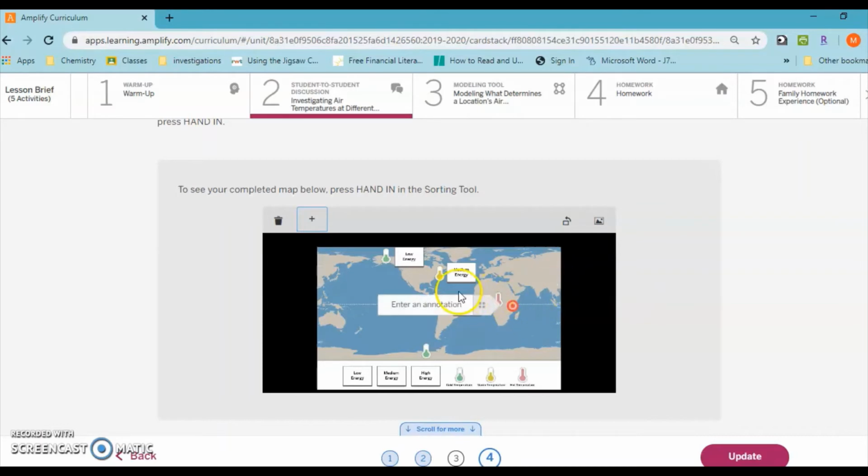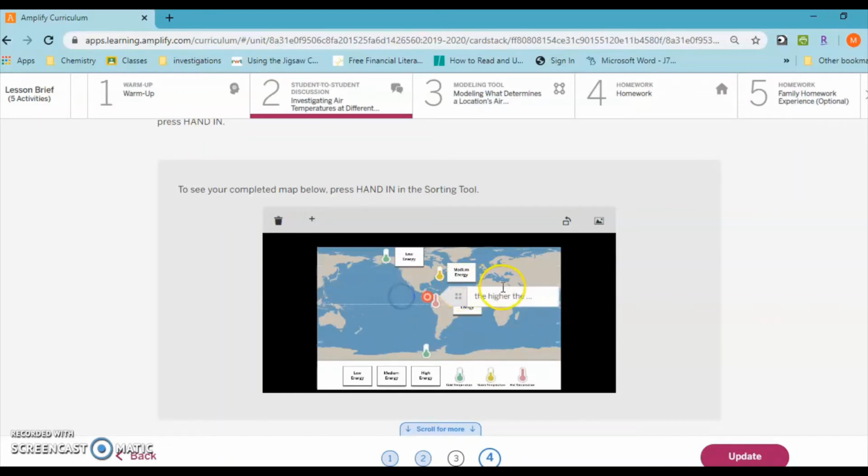Here I'm going to write my annotation: the higher the energy, the hotter or warmer the temperature. Right? If something gets more energy, then it's going to have a higher temperature.